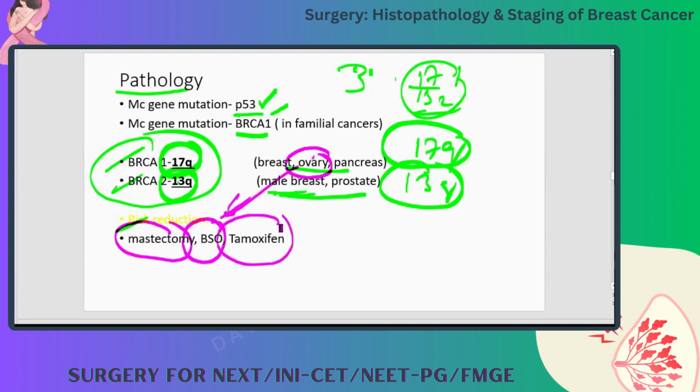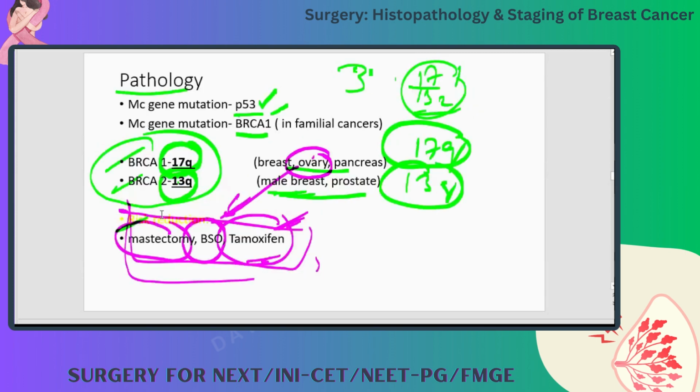And there is a tablet we call tamoxifen. Tamoxifen can be given to reduce the risk of breast cancer. For you to remember, one Hollywood celebrity, every time I discuss this, she underwent bilateral mastectomy. Who is that? Angelina Jolie. She underwent it because she is BRCA positive. So this is about the risk reduction strategies.